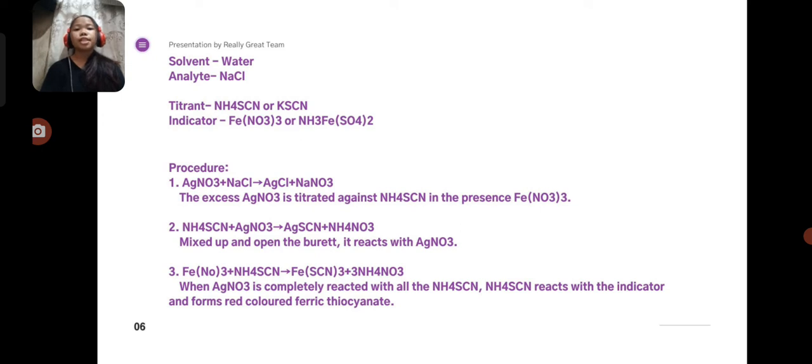So let's proceed to our second reaction. Our AgNO3 is titrated against, or mixed with, the NH4SCN.